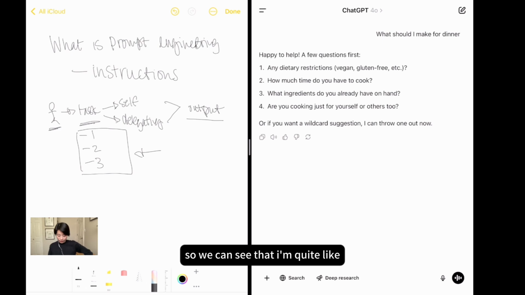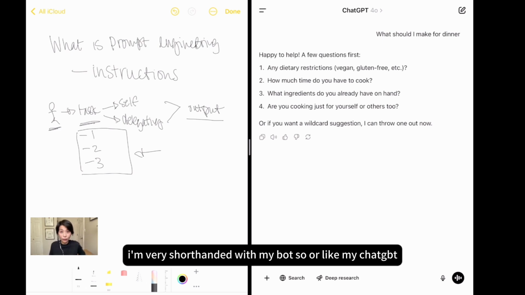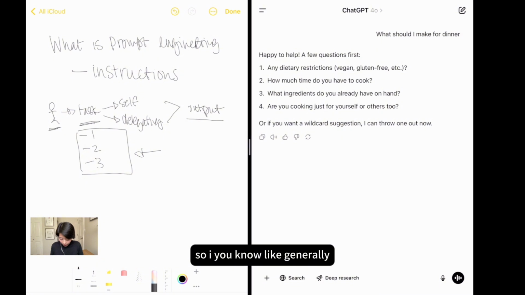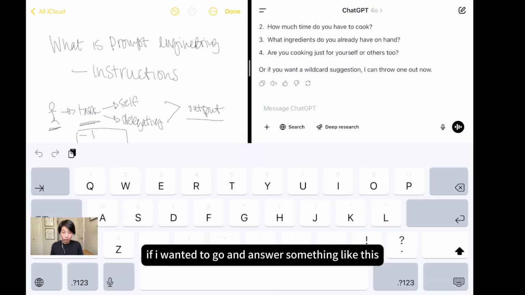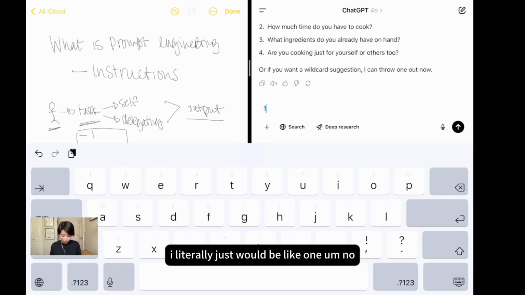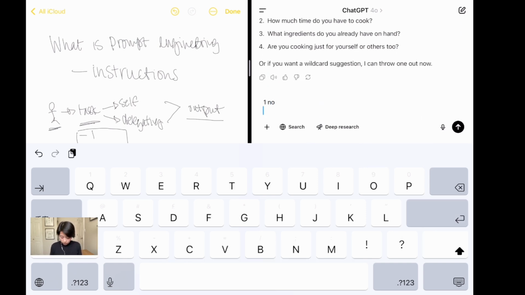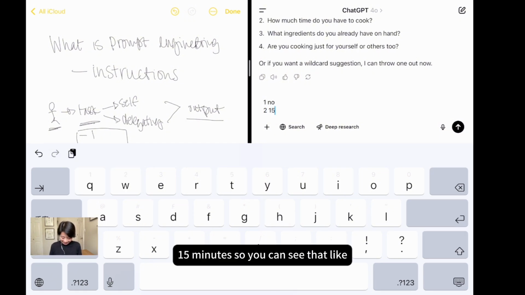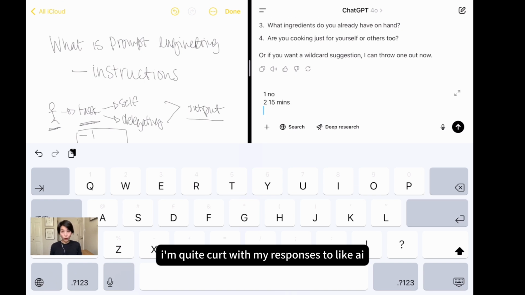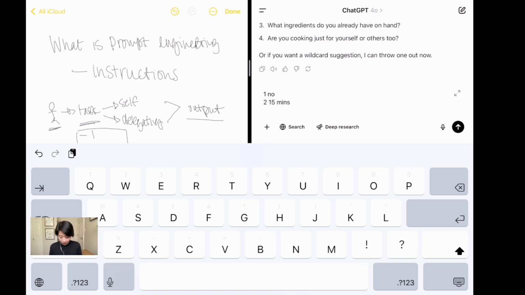So we can see that I'm very shorthanded with my ChatGPT. Generally if I wanted to answer something like this, I would literally just say, 1, no. 2, 15 minutes. So you can see that I'm quite curt with my responses to AI.